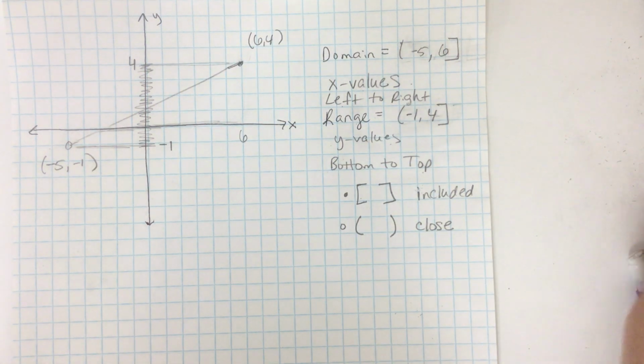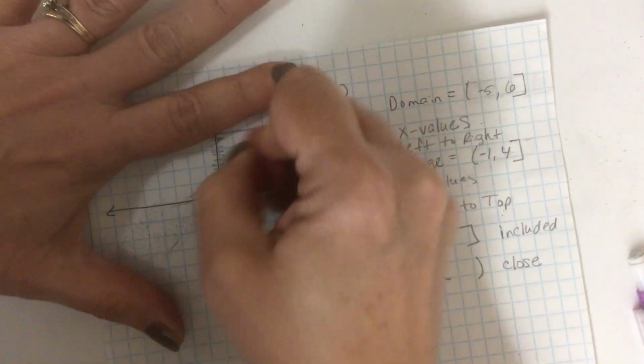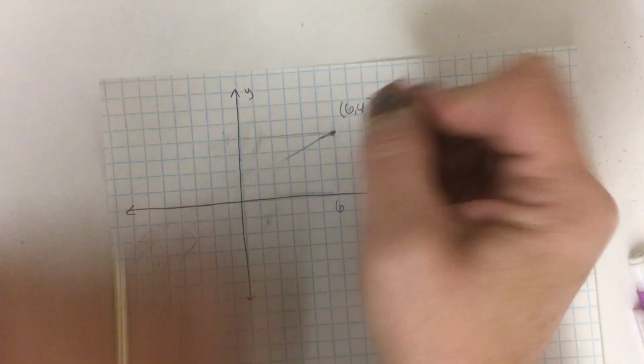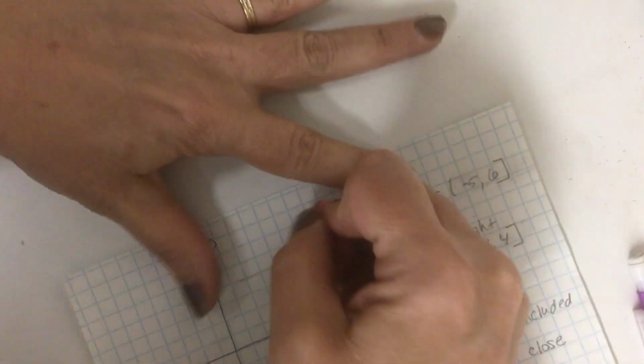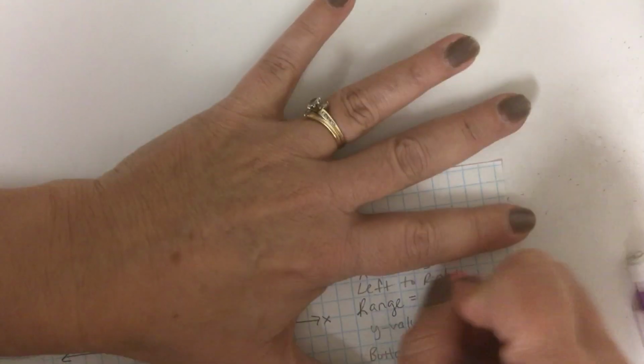Okay? So let's do another shape. I did my graph in pen and my function in pencil so that I could change and do a couple examples. You could have all different kinds of shapes here.